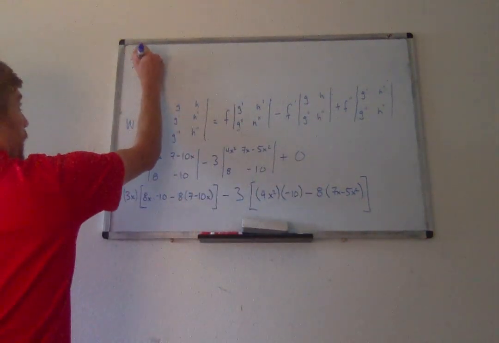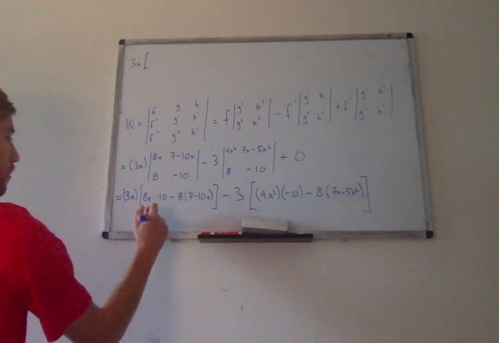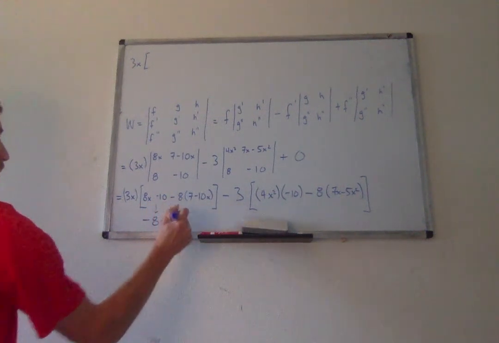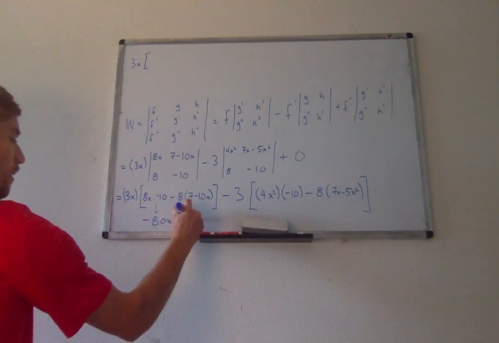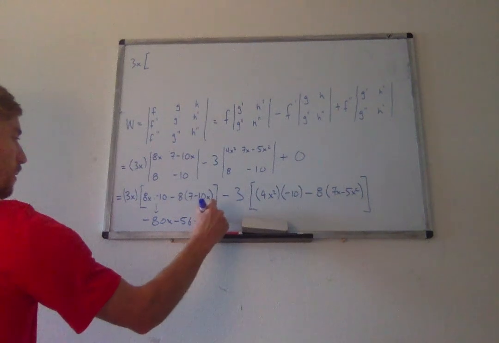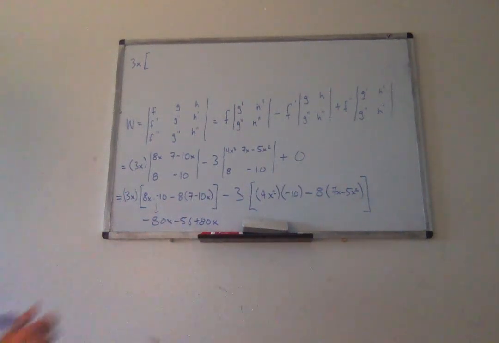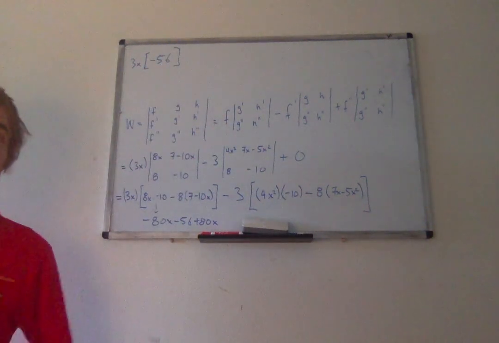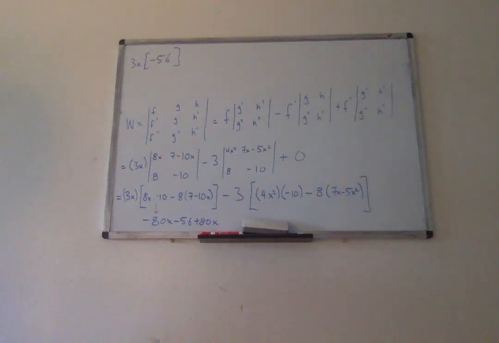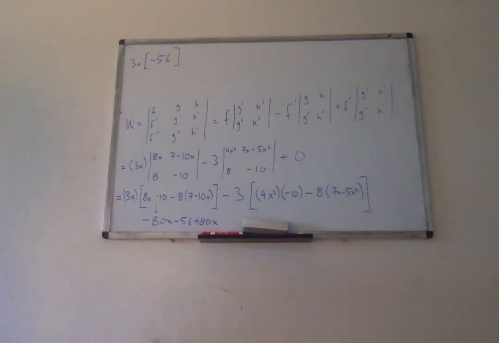So this is 3x times, this term becomes negative 80x. This would be minus 56 plus 80x if I distribute that negative 8 through. Notice these two things would cancel, so here we would actually just be left with 3x times negative 56, which is encouraging considering what we eventually want this thing to equal.